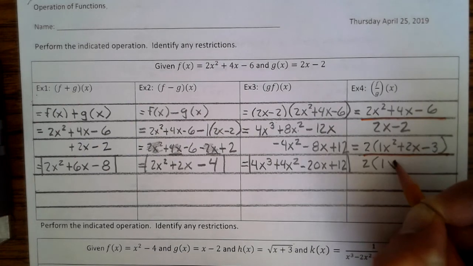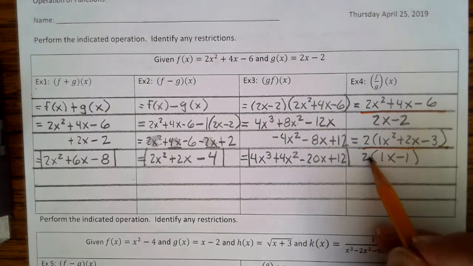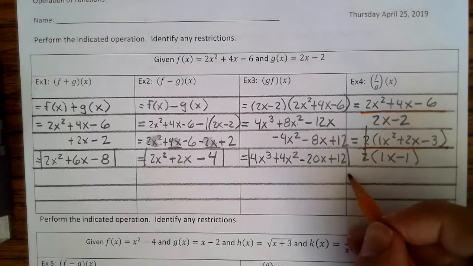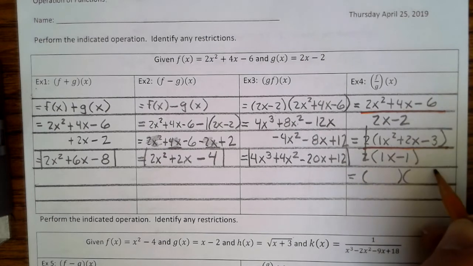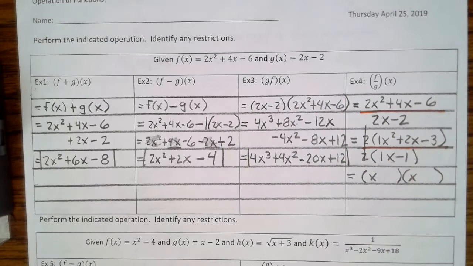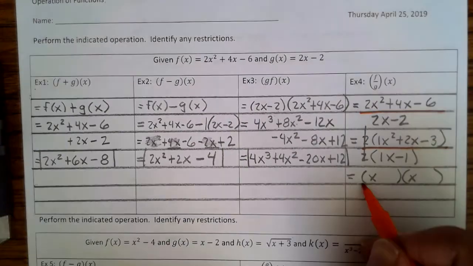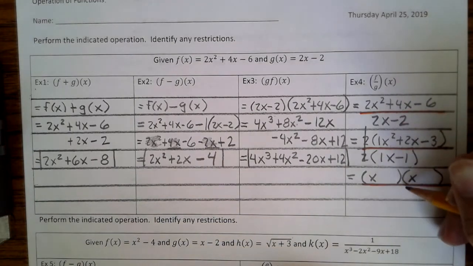Now at this point, 2 divided by 2 is 1. And we need to now factor the numerator, which is 2 parentheses. We know x and x make x squared divided by 1x minus 1, which we can just write as x minus 1.